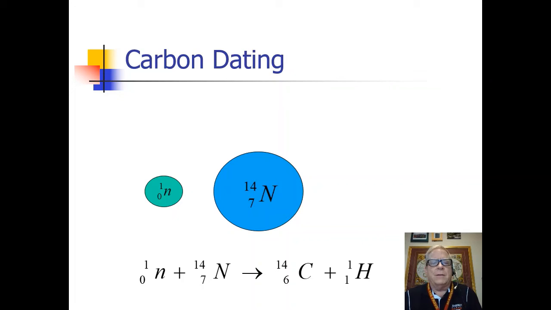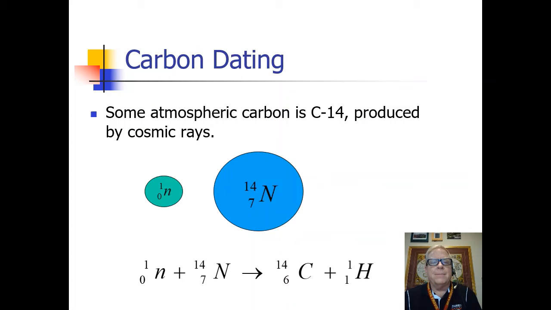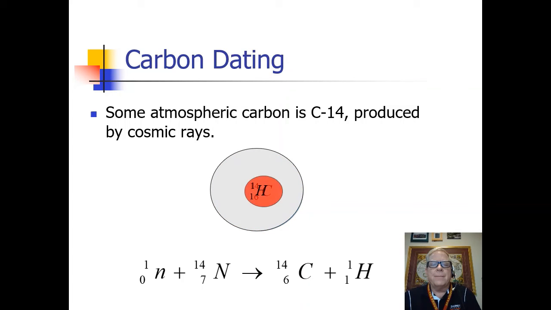Where does that carbon-14 come from? Well, high in the atmosphere, you might have neutrons hitting nitrogen atoms, and when that happens, something like this can occur. So we saw a neutron produced by cosmic rays coming in from the cosmos, or perhaps from the sun.